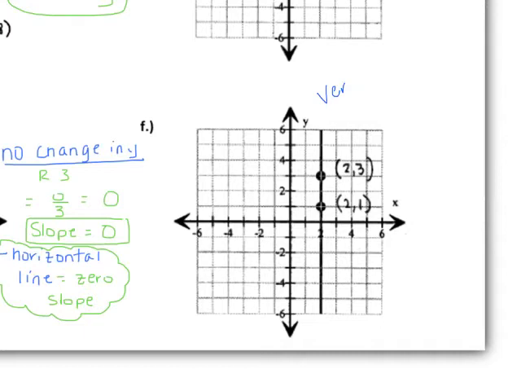Okay? And in your vertical line, you should notice that, okay, well, there is a change in my y. Okay, I'm going to start at the 2, 1, and I'm going to go 1, 2.